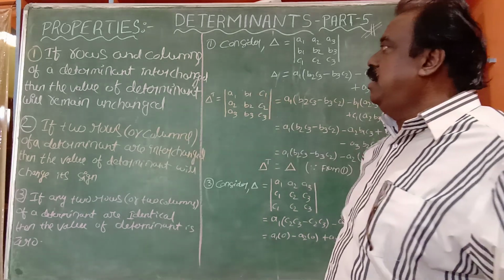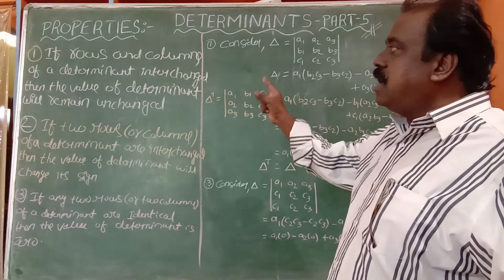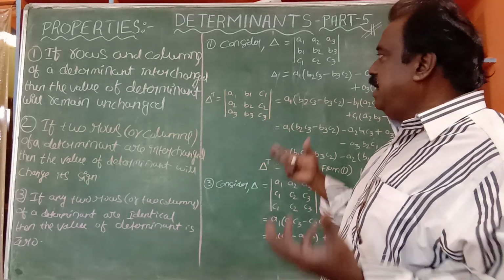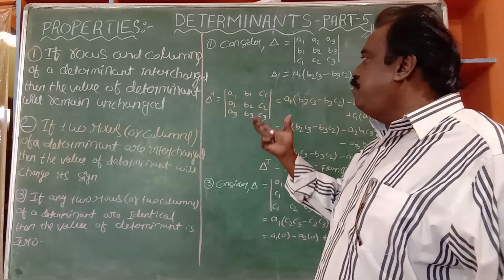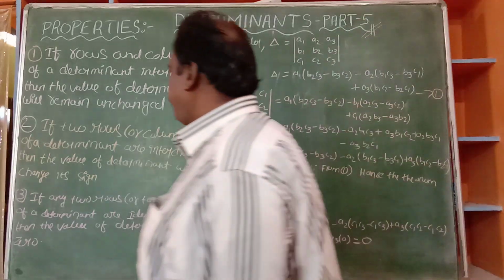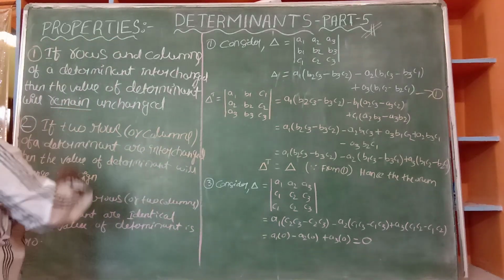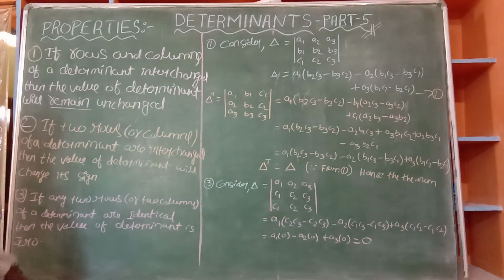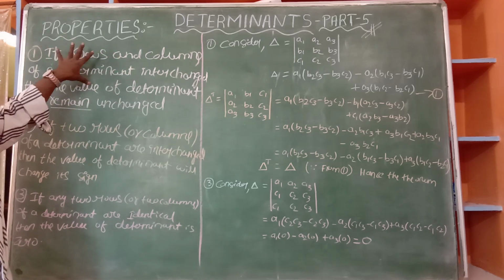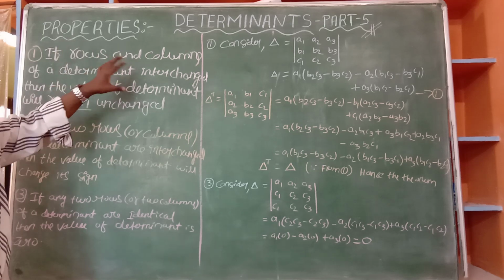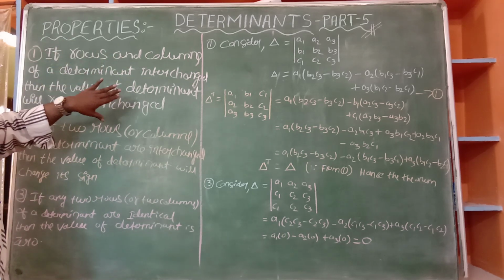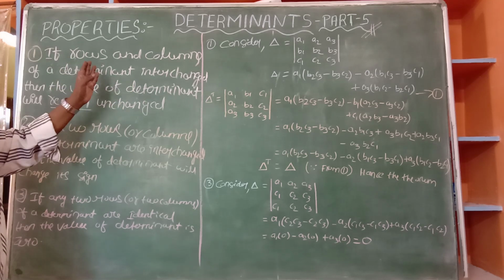Property number 1: if the rows and columns of a determinant are interchanged, then the value of the determinant will remain unchanged. That is, the rows and columns both are interchanged: first row becomes first column, second row becomes second column, third row becomes third column.